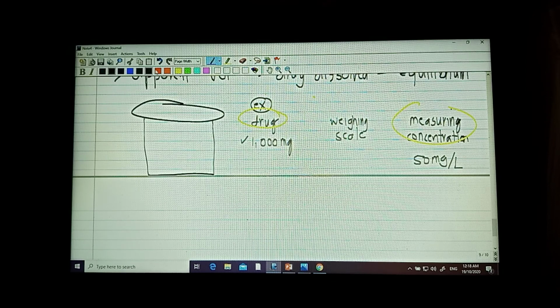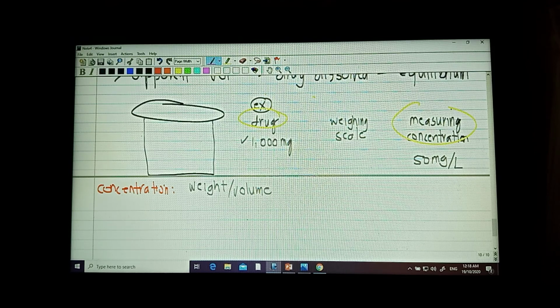And how is concentration calculated? Concentration is calculated as weight divided by volume. Imagine that particular container, you cannot actually estimate the fluid.